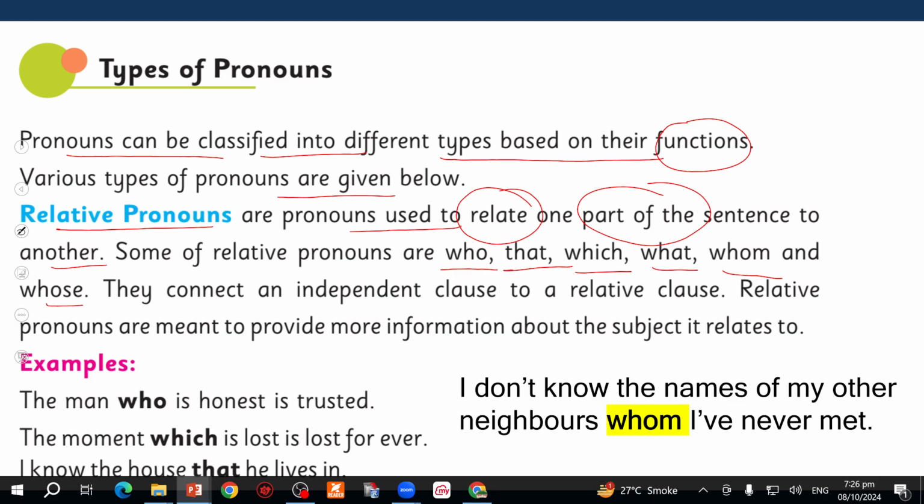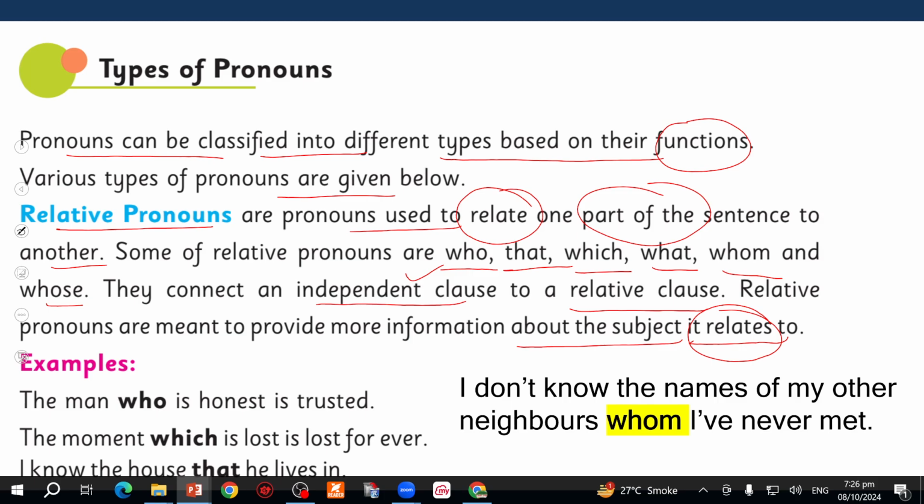Now, they connect an independent clause to a relative clause. We know an independent clause stands on its own, and then we have a relative clause, a subordinate clause, and we link them. Relative pronouns are meant to provide more information about the subject it relates to.